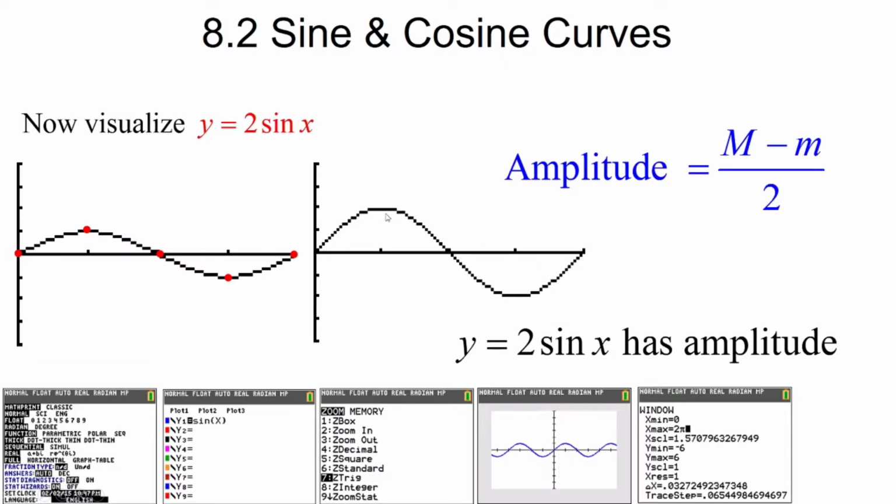So if you look at this now, the maximum is a 2 right there, and the minimum right here is a negative 2. And if I go 2 minus negative 2, I get a 4, and 4 divided by 2 is 2. So this function has an amplitude of 2. The original sine curve had an amplitude of 1.